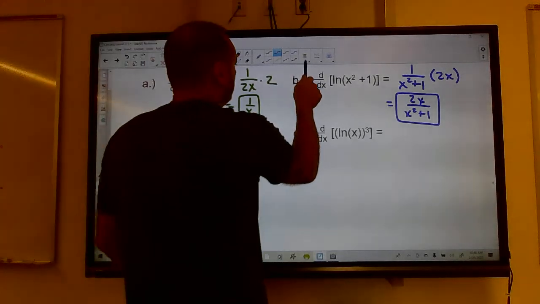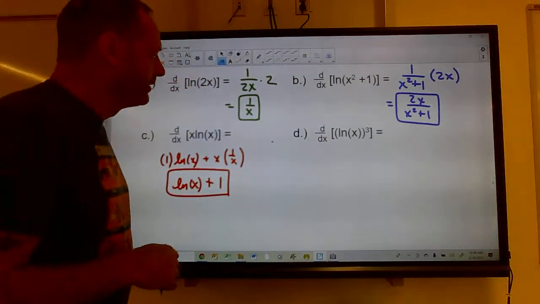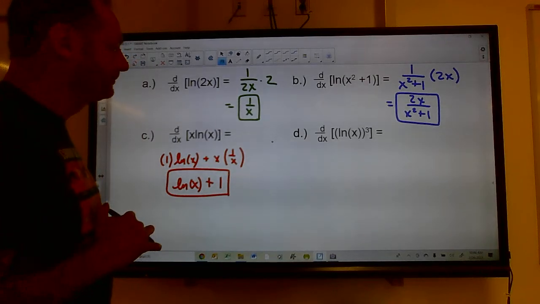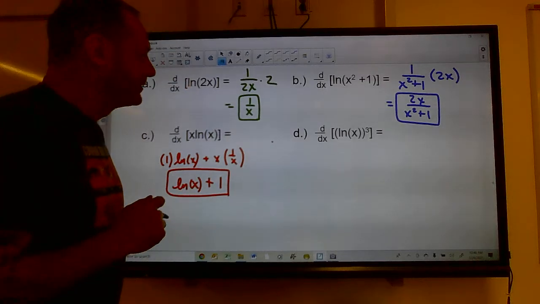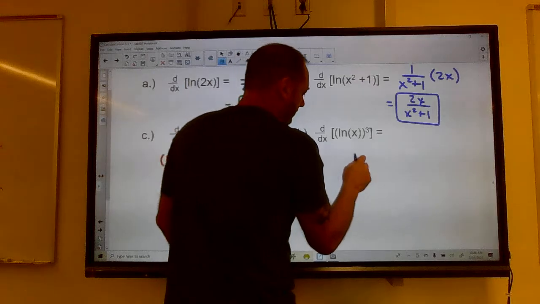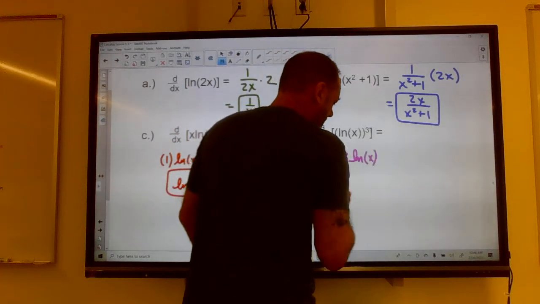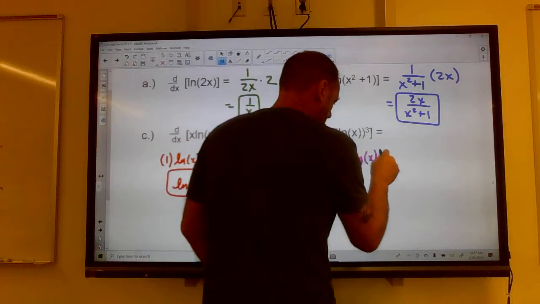Okay, on this one, we've got the chain rule coming up here. So the derivative of the natural log of x to the 3rd power. Okay, so this is going to be, we're going to use the power rule. It's going to be 3 natural log of x squared.